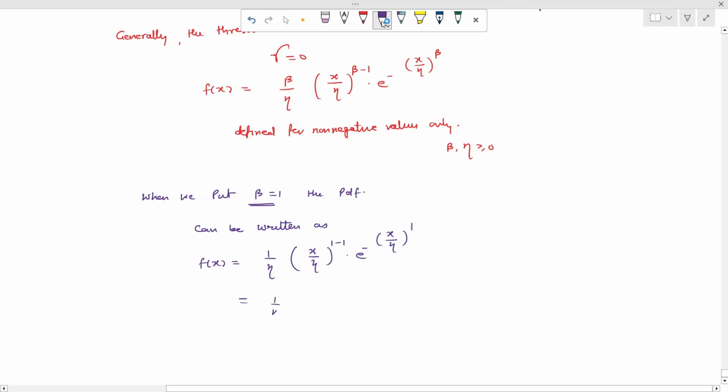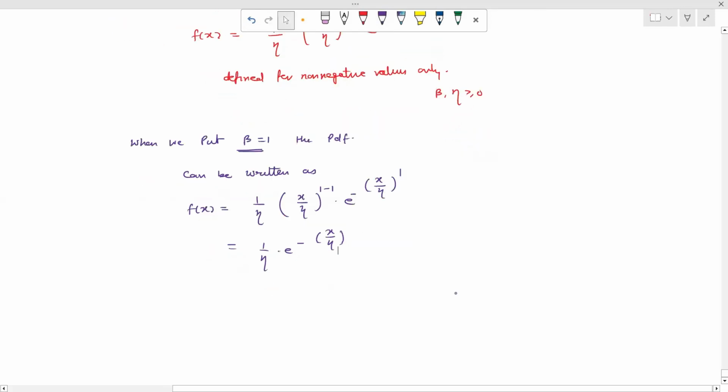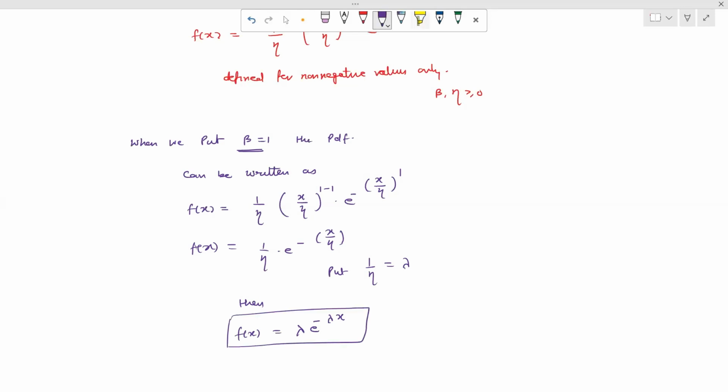This can be written as 1/eta, since this raised to the power 0 means 1, into e^(-x/eta). Now we put 1/eta equal to lambda. Then we write this distribution as f(x) = lambda e^(-lambda x). So this is the PDF of the exponential distribution.